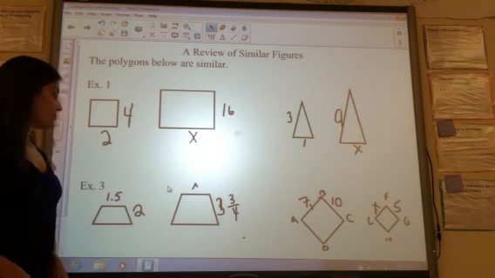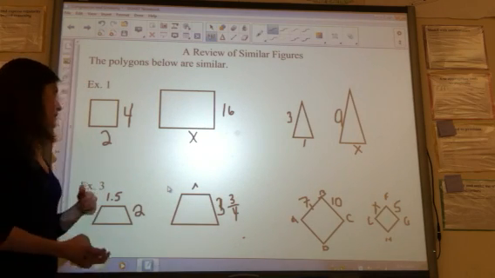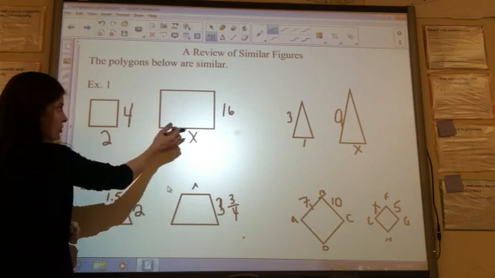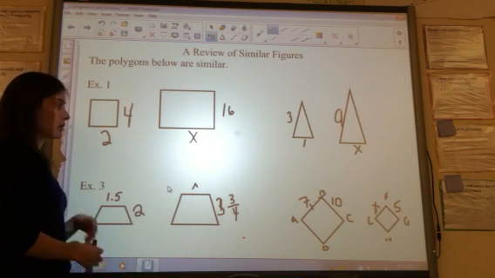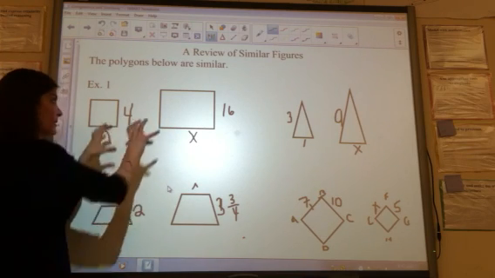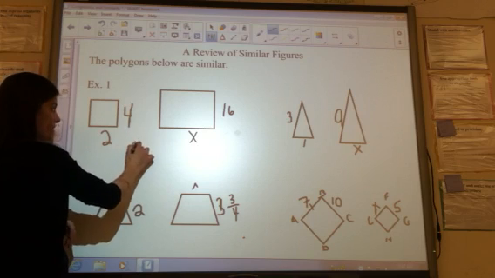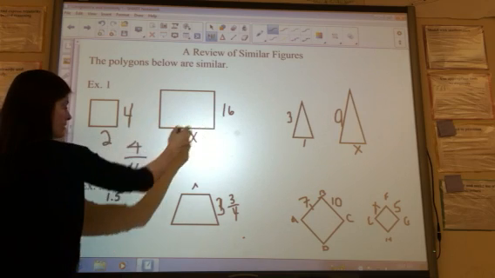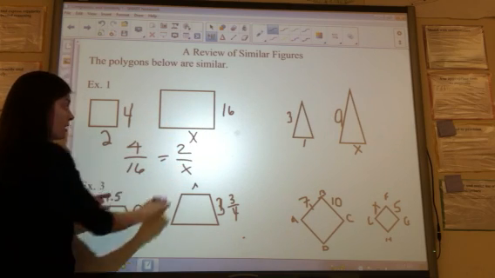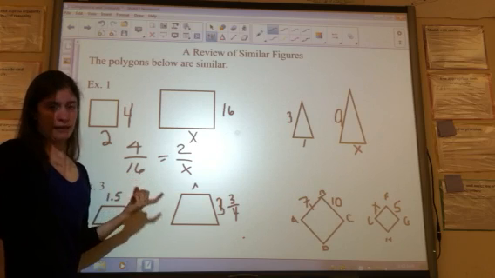So if you want to go ahead and practice similar shapes, I'm telling you that these two are similar, and they're similar in the way that they are, meaning they're not turned or anything. So I could say that 4 over 16 equals 2 over x. And there are 4 different ways to create this proportion.